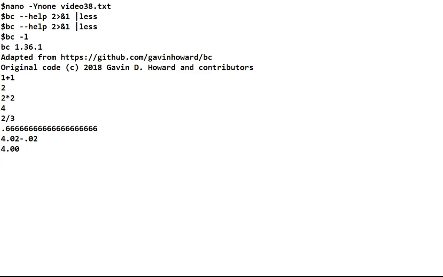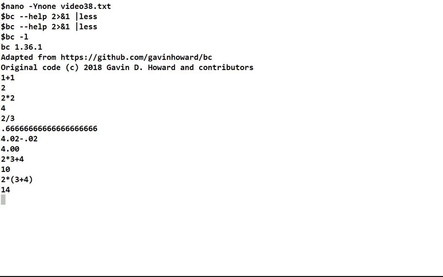What about parentheses for subgroups? You know, if you go 2 times 3 plus 4, that's going to give you 10. And 2 times (3 plus 4) should give us 14. It does. So you can see that you can use parentheses just like you do in algebra to override the operator precedence.